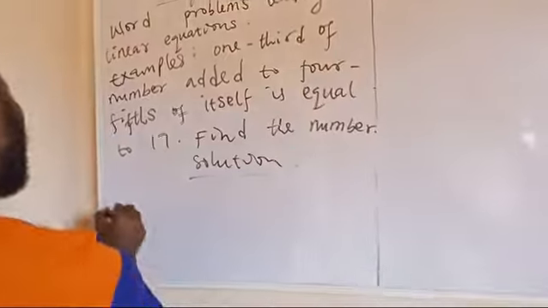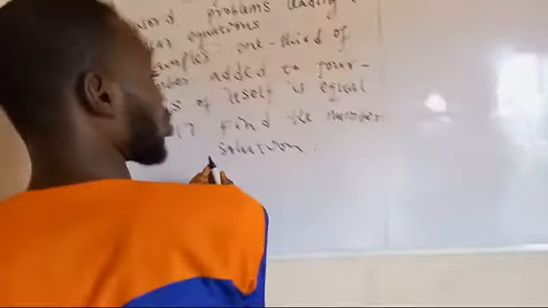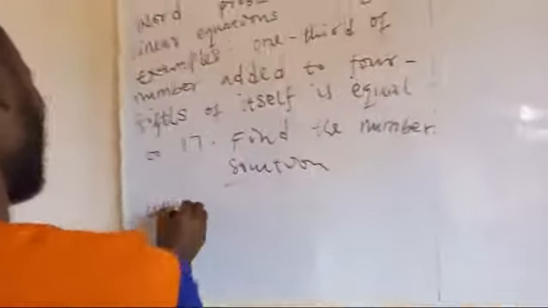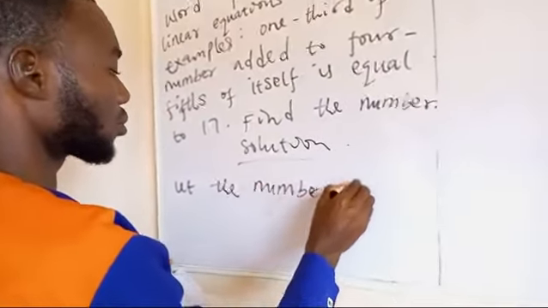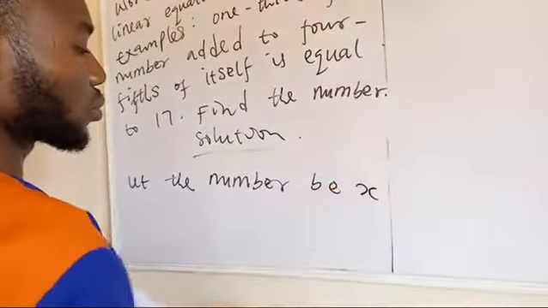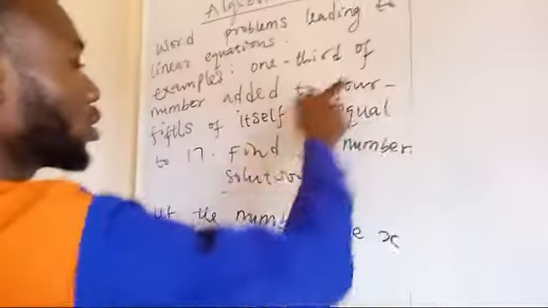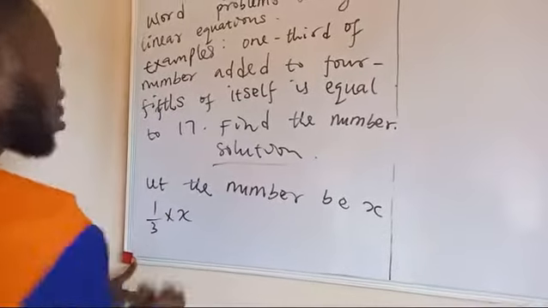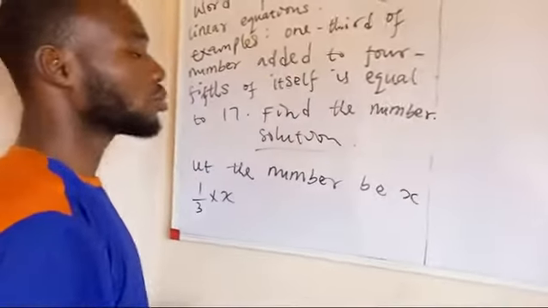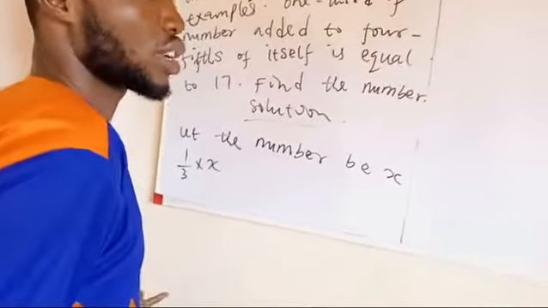Okay, let's now translate the statement into mathematical form. We have, let the number be x, because we don't know the number. So 1/3 will be 1 divided by 3 times x, because we've assumed that the number is x. It is an unknown; we are looking for it. They say we should find the number.